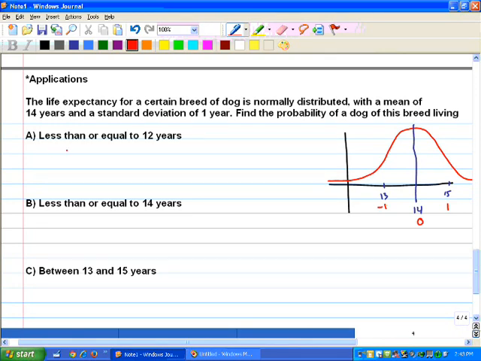To do that, our random variable is 12, so we want to get a z-score that's going to be equal to x minus the mean divided by the standard deviation, in this case 12 minus 14 divided by 1. Negative 2 divided by 1 is just negative 2. So we want the probability that our z is less than negative 2.